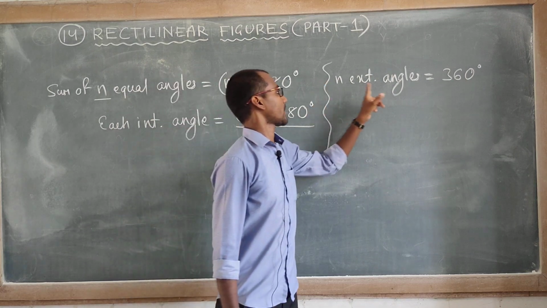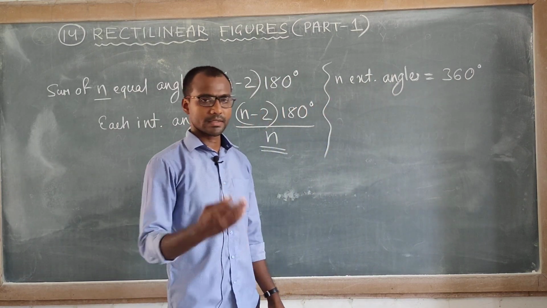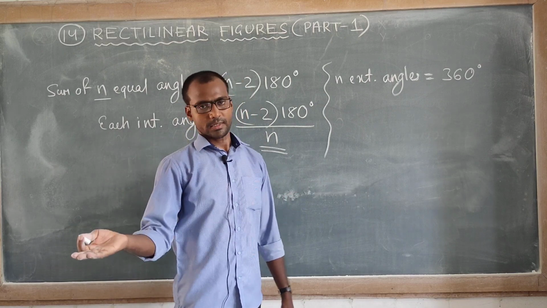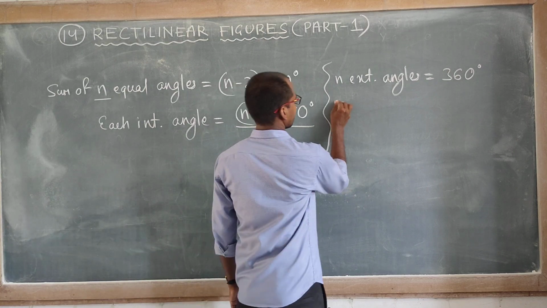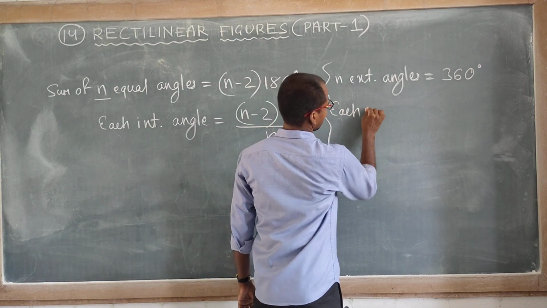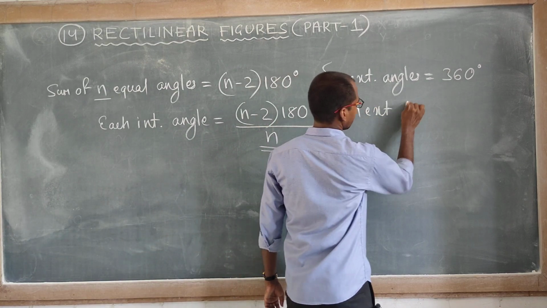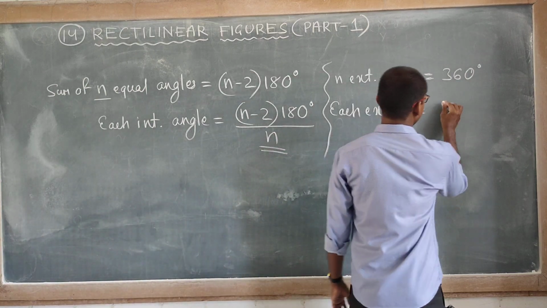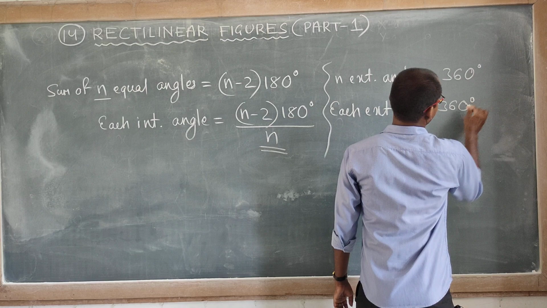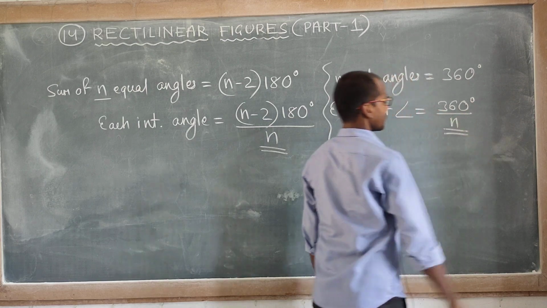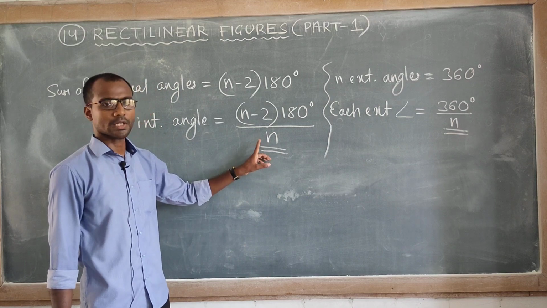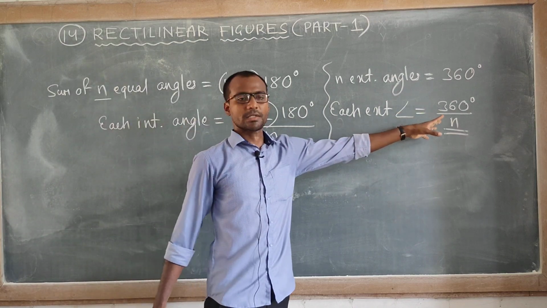So sum of n exterior angles is 360 degree. N sides means n interior angles and n exterior angles. So each exterior angle is equal to, using unitary method, we get 360 degree by n. So remember this formula for each interior angle, for each exterior angle.